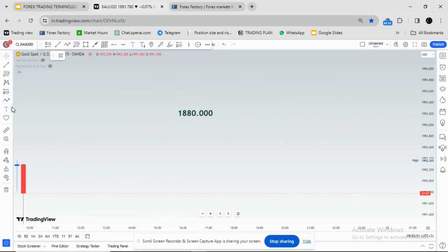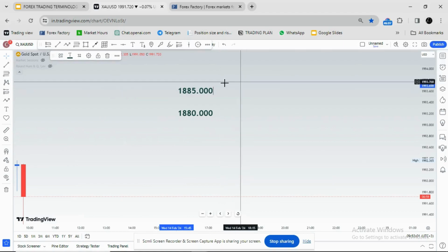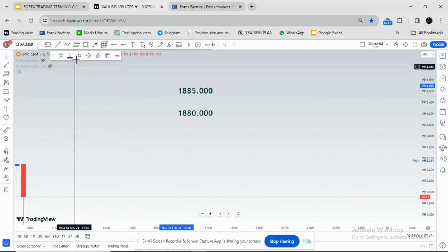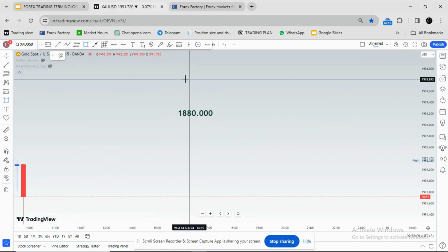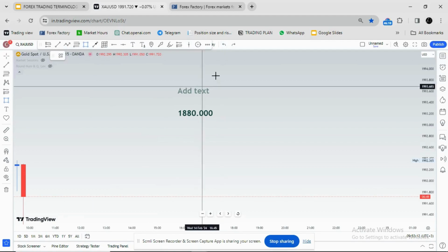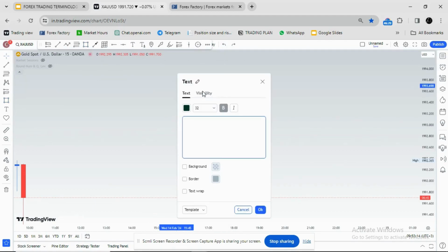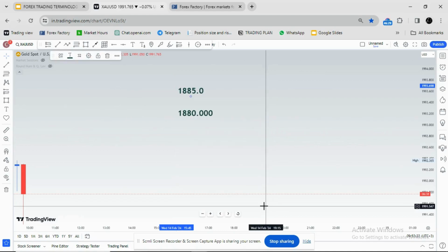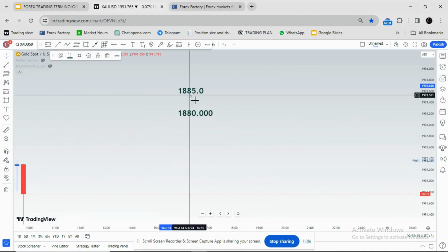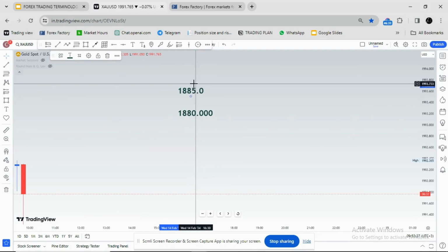Maybe that is the price of gold, and then it moves to something like 1885.500. Now this is 50 pips for gold. What you're going to do is simply subtract, and what happens when I do that? My values disappear. So 1885.0. Nice.